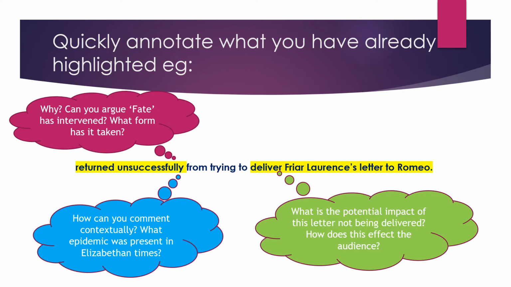So if you think about how the audience would be watching this series of events unfold, think about how tension and drama and suspense would be heightened by the fact that they know that this letter has this really important content, but they also know from the prologue that these two lovers will take their life. So they're now getting that impression that events are very quickly unfolding in front of them that's going to lead to our lovers' eventual doom.